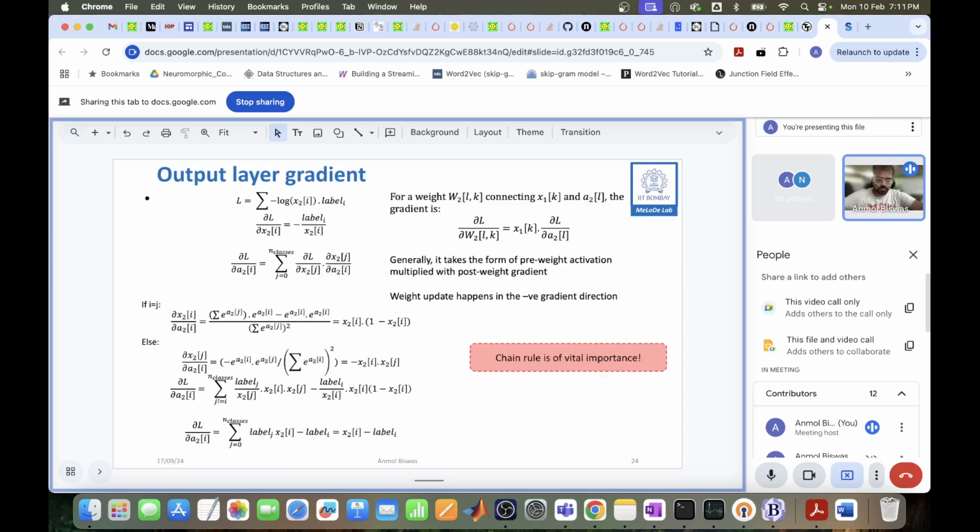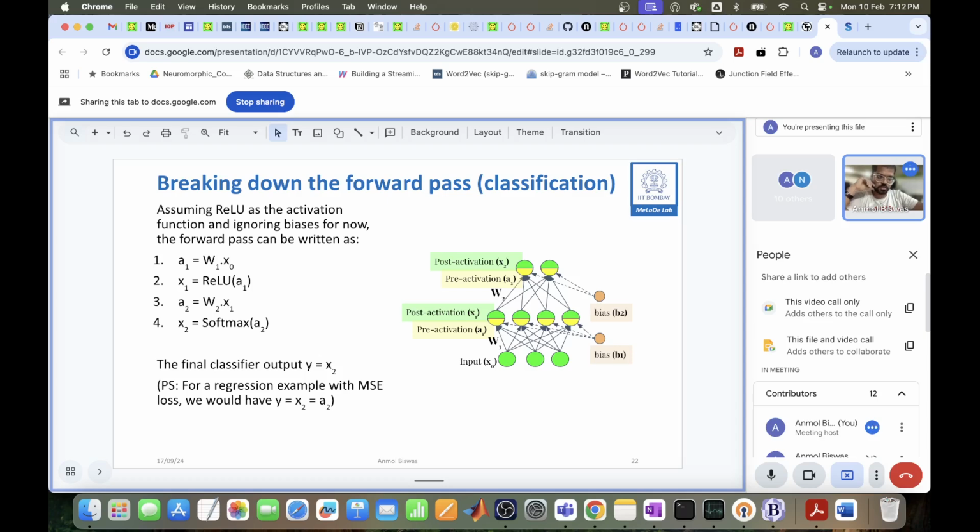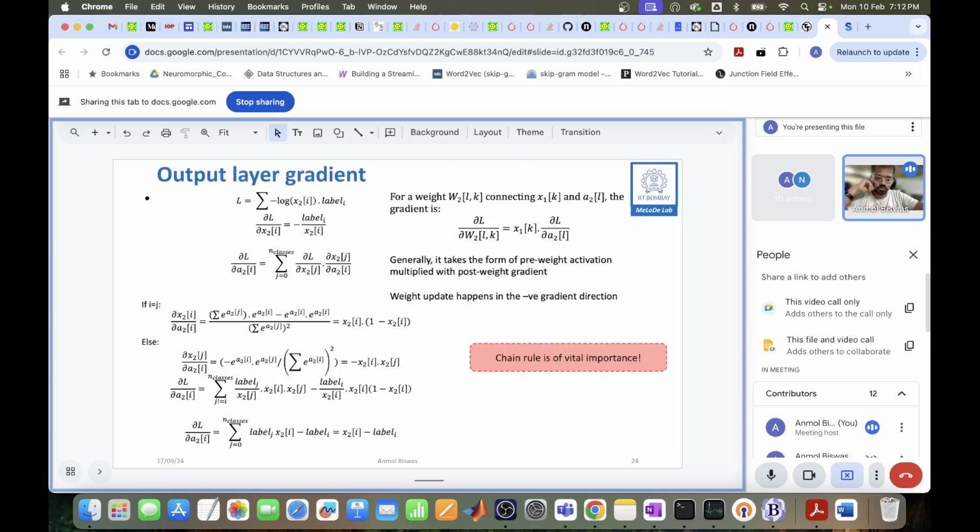So next part. Now that we have dealt with these forward definitions, the only thing remaining to do is the backward pass, right? So we need to compute the gradient, the backward pass equations, and how the gradient values are computed for the two layers, and from there figure out the update of the weights.